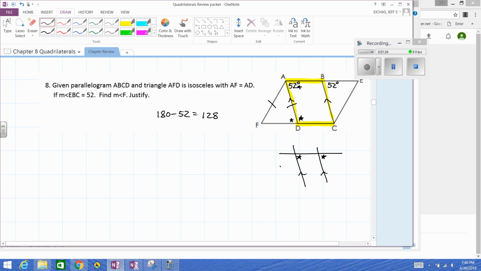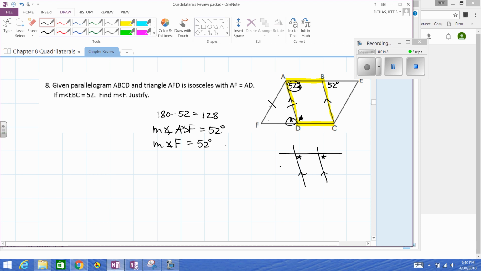You know what? I could have just done alternate interior angles. So either way, the measure of angle ADF is 52 degrees. And because of this being isosceles, the measure of angle F is 52 degrees.